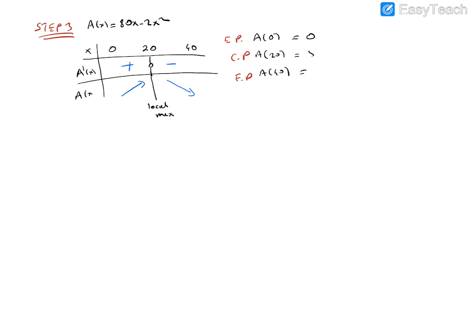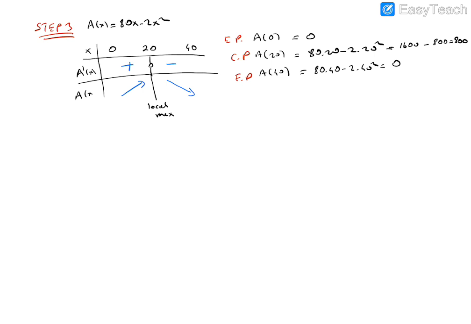For x equals 20, 80 times 20 minus 2 times 20 squared, 1600 minus 800, which is 800. And A of 40 is again 0. You can calculate 2 times 40 squared. So this is 0.